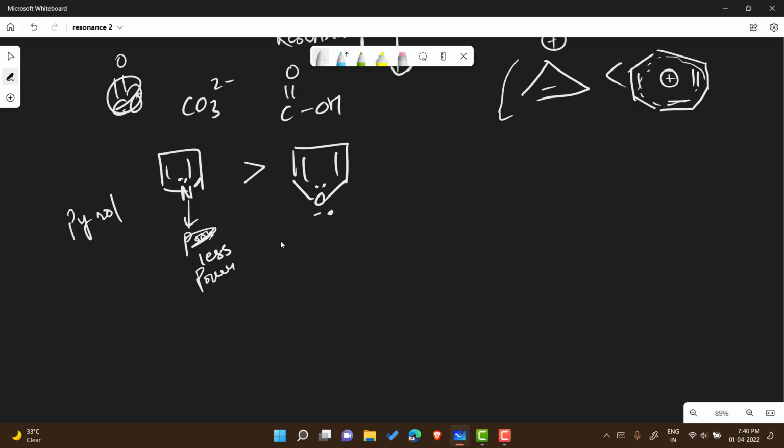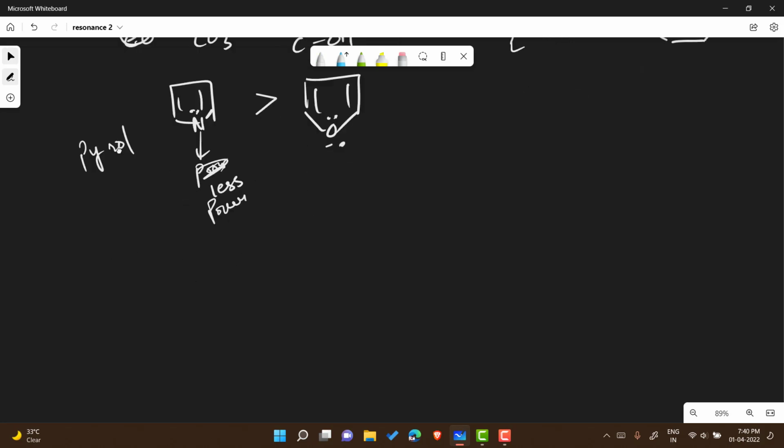Okay, let's do another example on resonance energy. The lecture is going a bit long, but I wanted to get done with resonance energy so we can move forward. We have NH2. Okay, my mouse is not working that well. Then we have benzene, which has alternate double bonds.